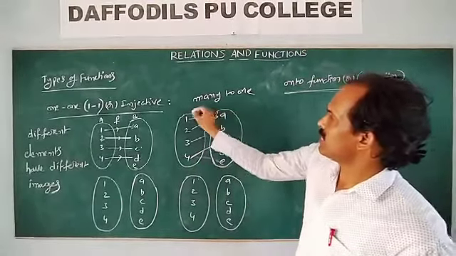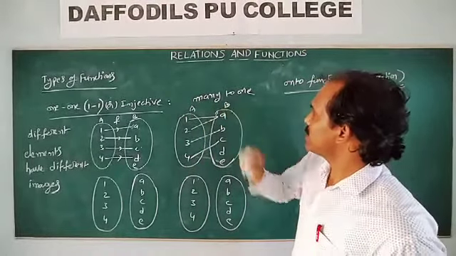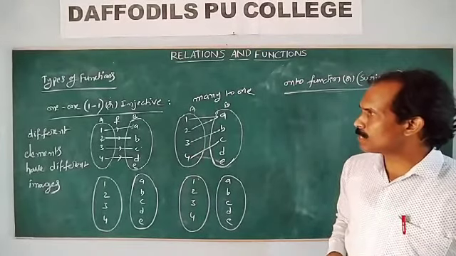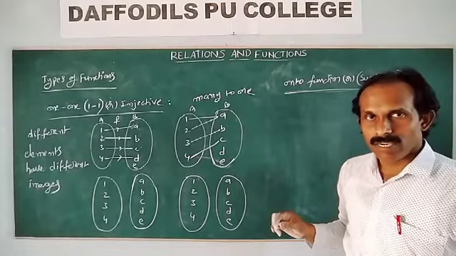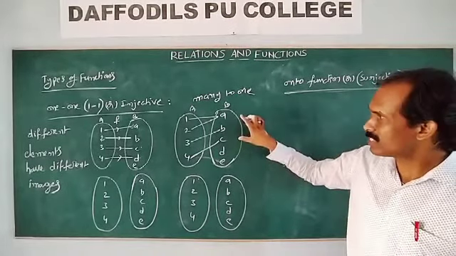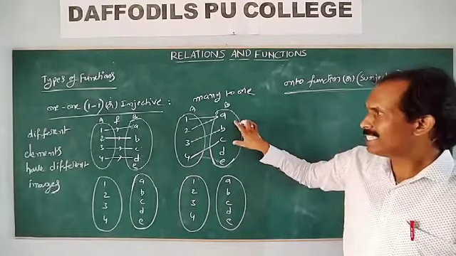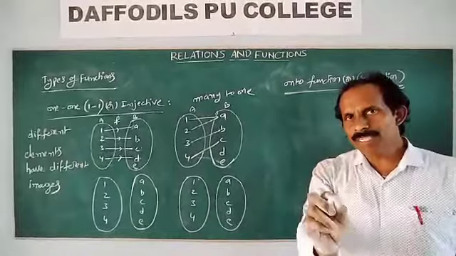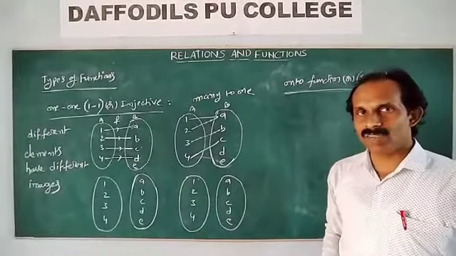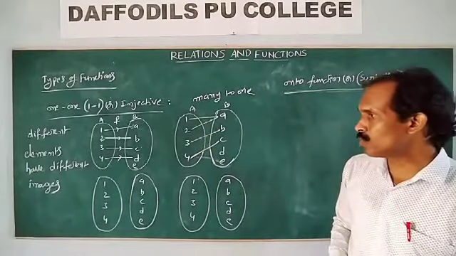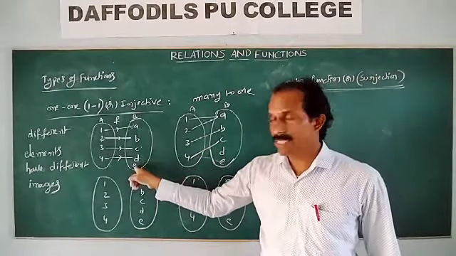A function f from set A to set B is said to be an onto function if for all elements of set B there exists at least one element in A. That is called an onto function.